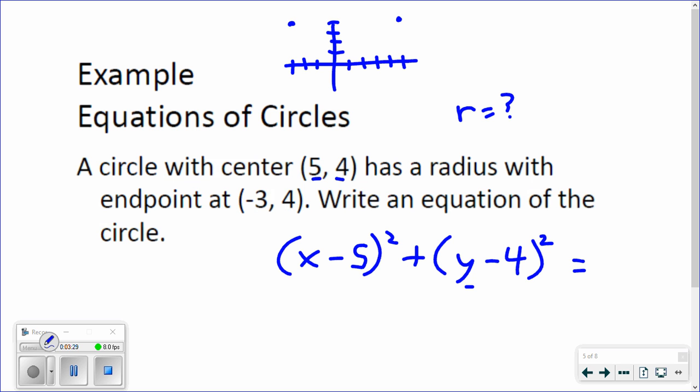So we really don't have to use the distance formula. It's a nice flat line. The y values don't change, so we just find the difference of our x's. What is the difference from a positive 5 to a negative 3? The radius would be 8. What is 8 squared? 64. And there's the equation of that circle.